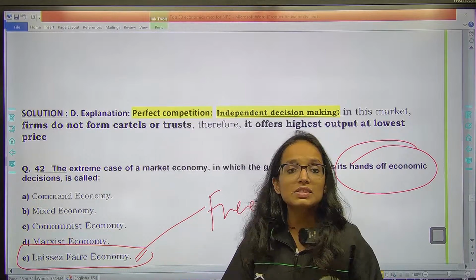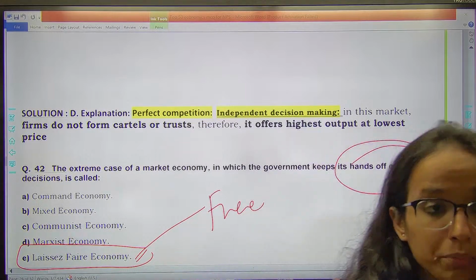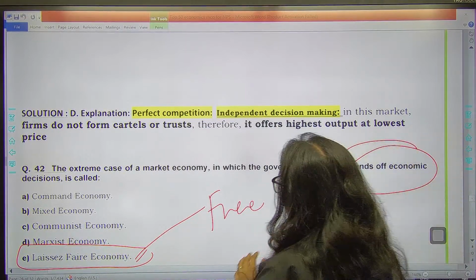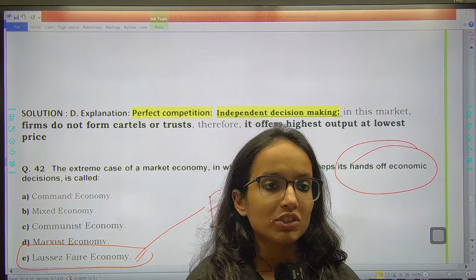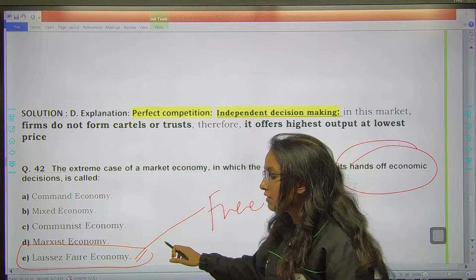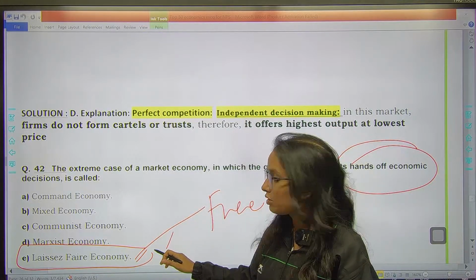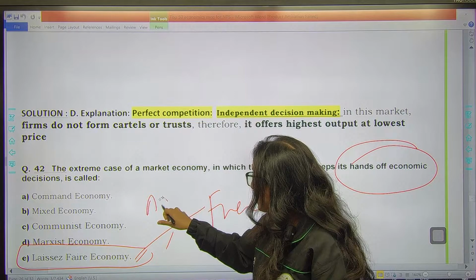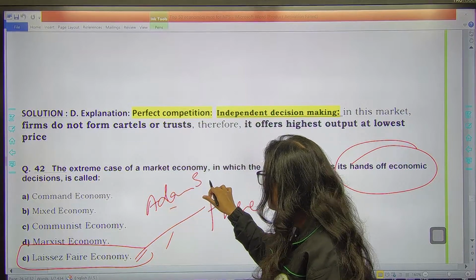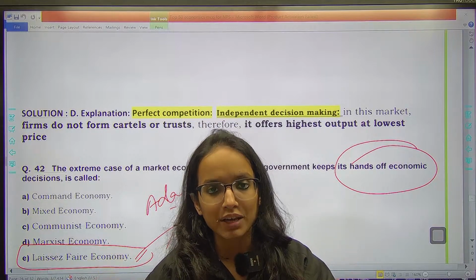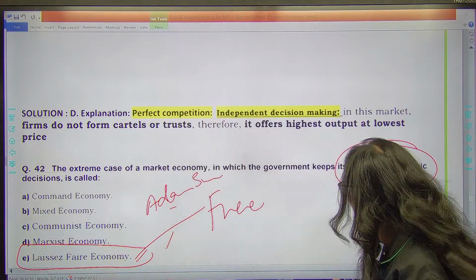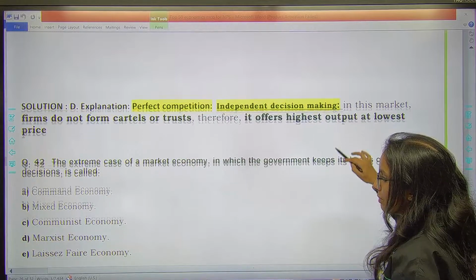Right? Option E. Government intervene नहीं करती है. No government intervention, laissez-faire. And this term was given by Adam Smith, founder of economics, father of economics, right? So Adam Smith ने ये term दी थी. Laissez-faire economy, free market economy, where everything is left to the market forces of demand and supply. Yes, laissez-faire or free market.